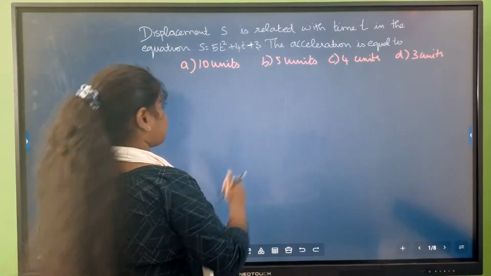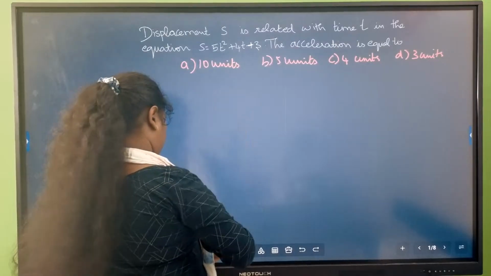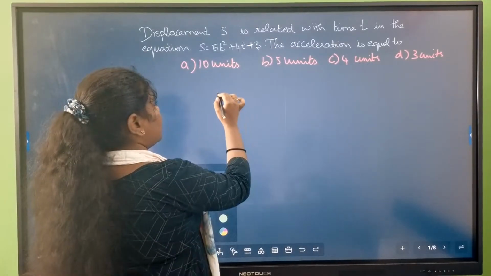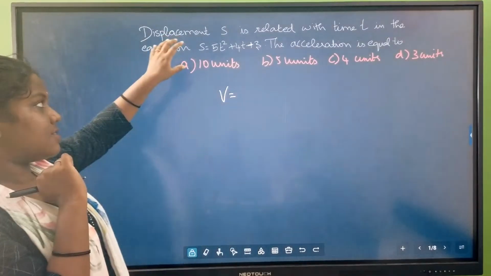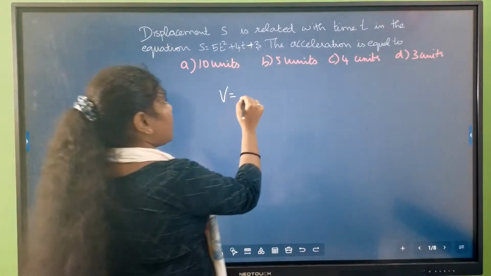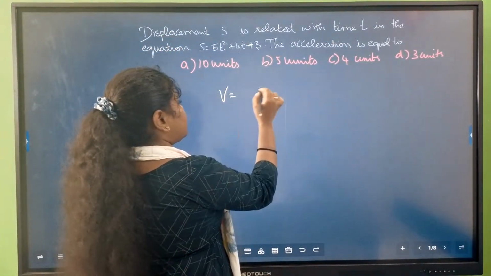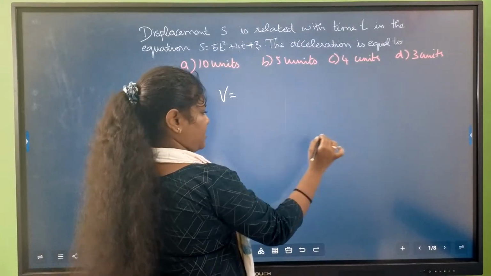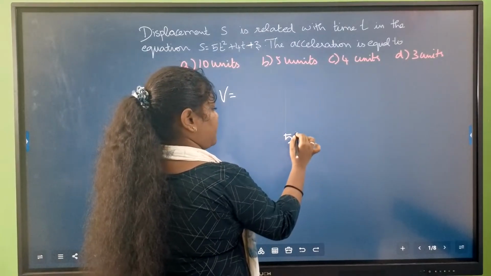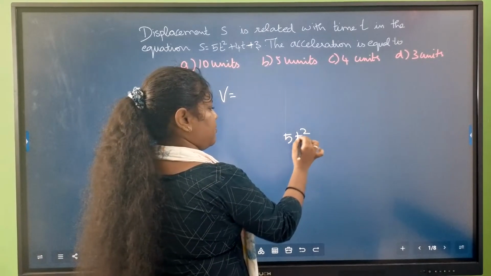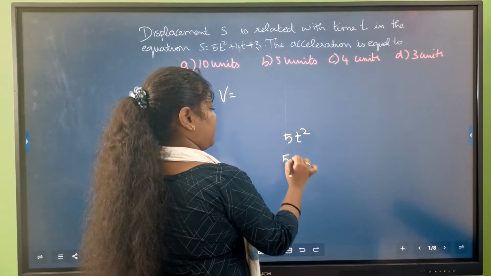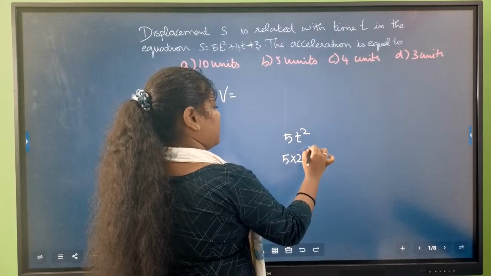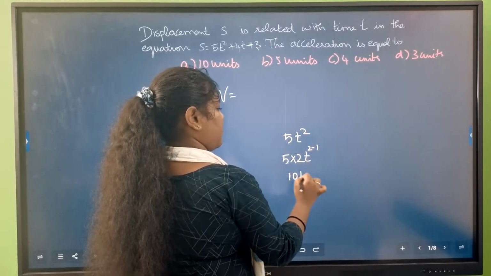See, your displacement is S. Then your velocity V will be equal to, you have to differentiate this displacement. While differentiating, if it is 5t square, you bring this 2 here, which is 5 into 2, t power 2 minus 1, which is 10t power 1.